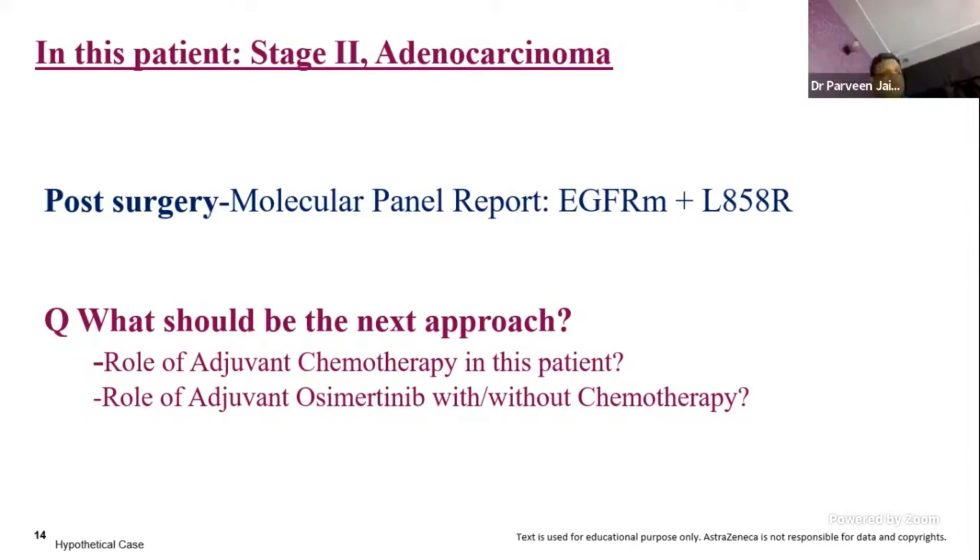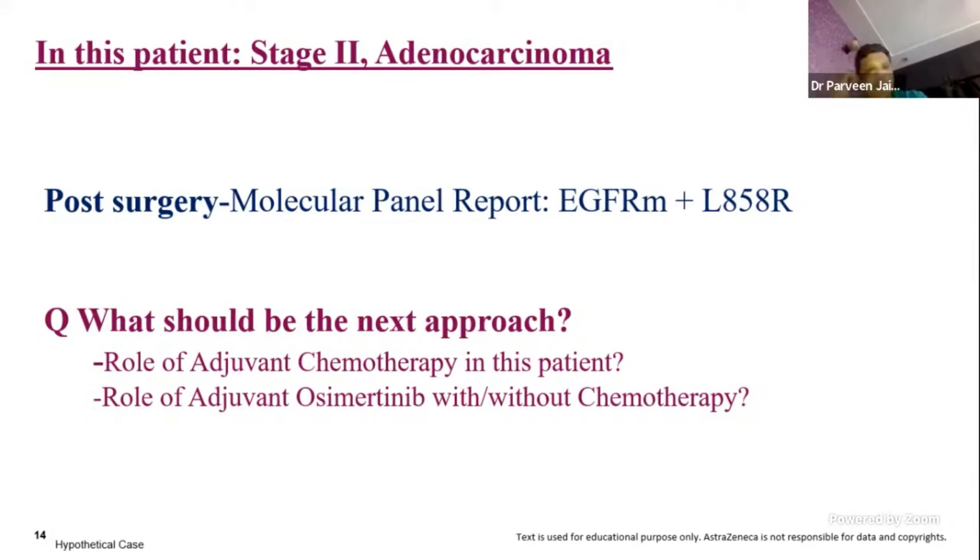Okay. See, there are a few questions which are still unanswered. If we see the previous trials, like RADIANT, EVAN, or CTONG trial, there was a different trial schema considered in these trials. There, erlotinib or gefitinib was tried against chemotherapy.